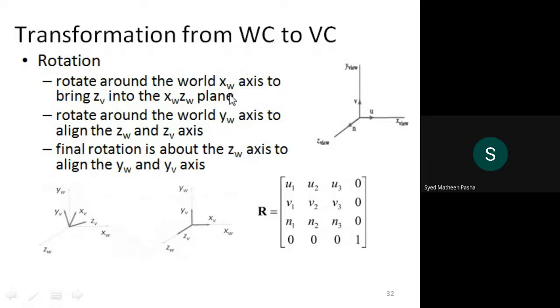If you take the example of the x-axis, if you want to rotate the world coordinates with respect to the x-axis, you need to consider the z-axis as well, that is the x and z planes. If you want to rotate this, you should consider both planes, that is the x as well as the z plane.